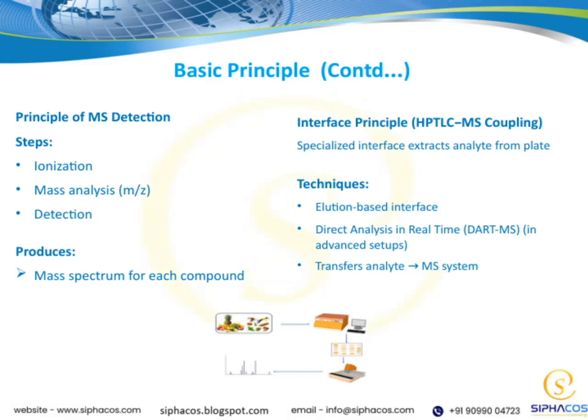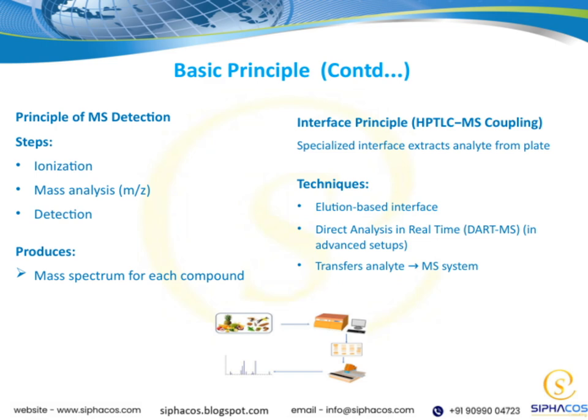Let's take a closer look at the interface principle when coupling HPTLC with MS. The specialized interface plays a crucial role here because it extracts the analyte from the plate and prepares it for mass spectrometry analysis. There are different techniques used for this transfer. One common method is the elution-based interface, where the analyte is washed off the plate using a solvent.